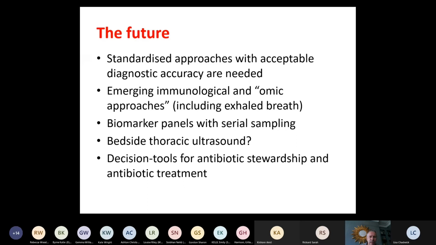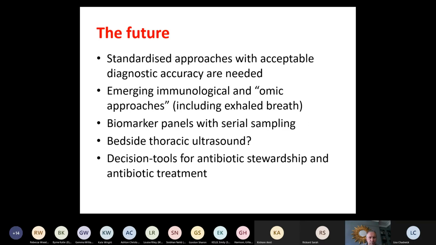So in the future, I would see that we need more standardized approaches to be more widely evaluated and validated. We need emerging immune, stress, inflammatory and omic approaches, including exhaled breath. Panels of biomarkers could be the way forward, with serial daily sampling within a sort of high risk area of a HASU where patients were felt to be at risk of pneumonia.